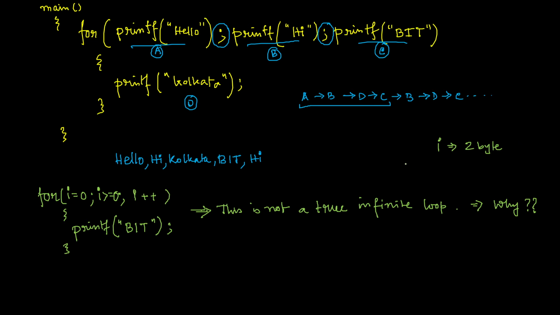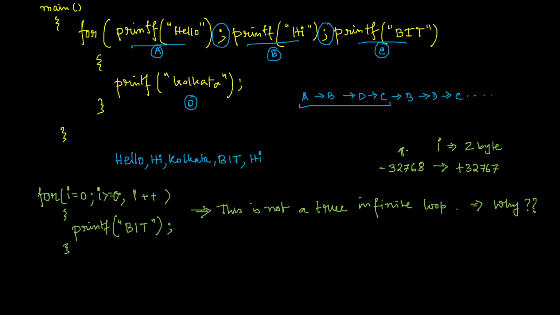And in that case what we have seen is that the range of the value that can be stored in i is from minus 32,768 to plus 32,767.